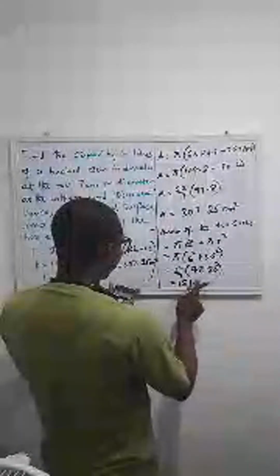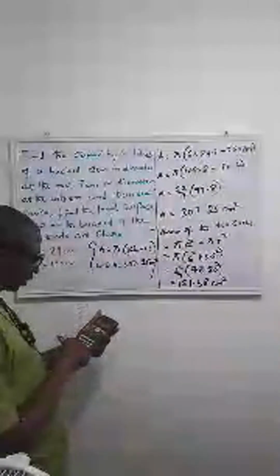So times pi. So when you multiply that with pi, you have 151.58 centimeters square. So this is the addition of the two circles.